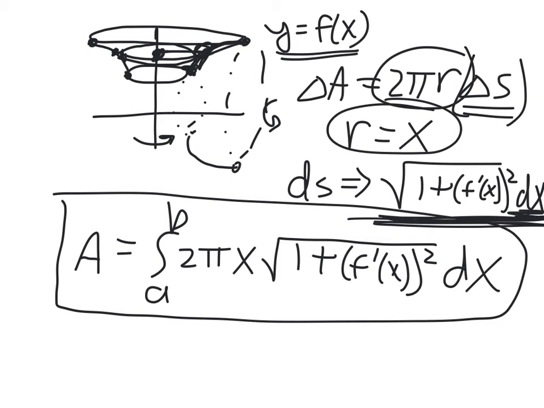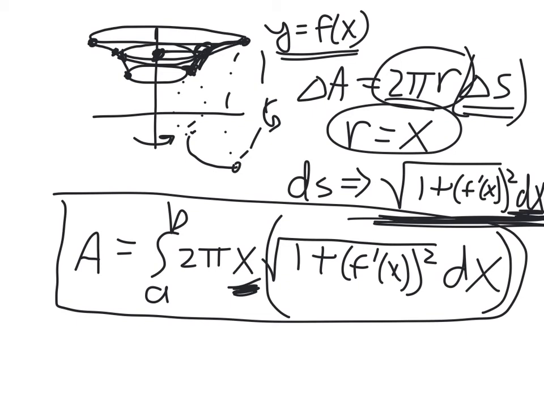So notice in this case, it's not f of x, but it's just x. The radius is going to be the key part here. ds can always be represented this way, no matter where we're revolving the arc length about. But the radius is what's kind of tricky. Got to figure out, is it represented by x?